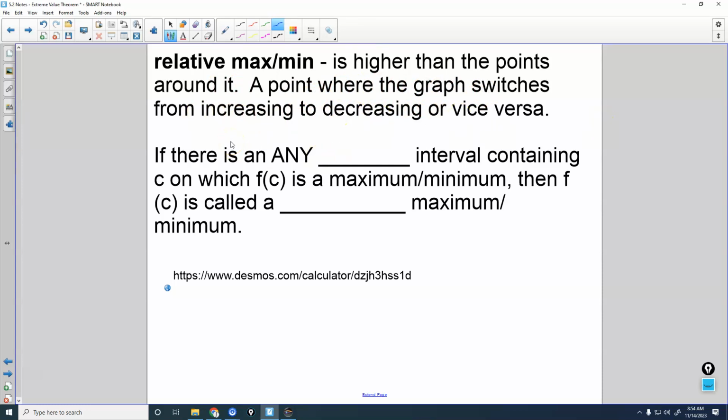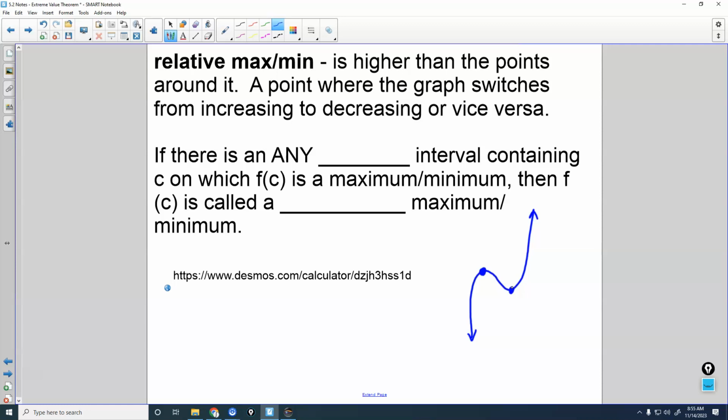For example, if you're looking at a cubic function, then something like this, you would have a relative maximum, or a local maximum sometimes it's called, and a relative minimum. It is not the absolute highest point on the graph because this graph continues upward forever. And same over here, this graph continues downward forever. So these would be just relative maximum or minimums.